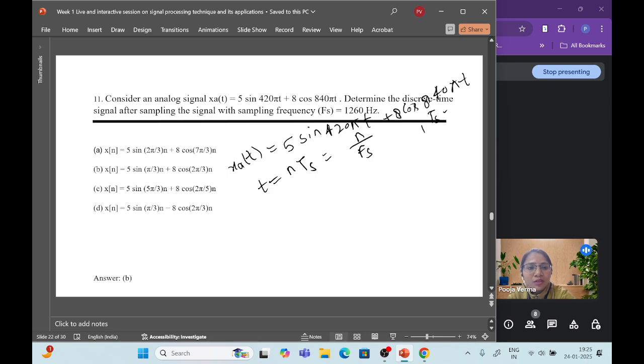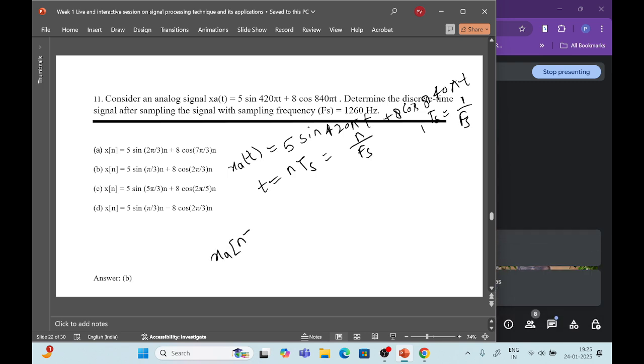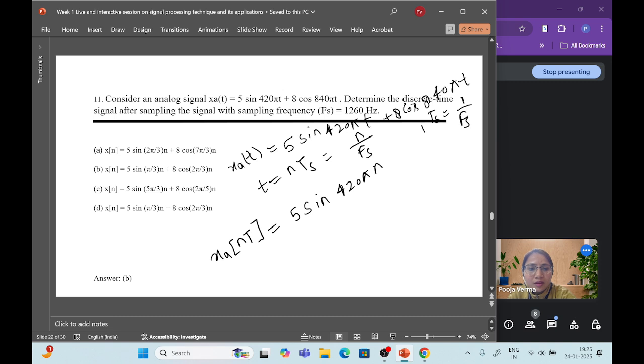Putting t equal to nTs, we will get a digital signal x of n, that means 5 sine 420 pi n divided by Fs plus 8 cos 840 pi n divided by Fs.